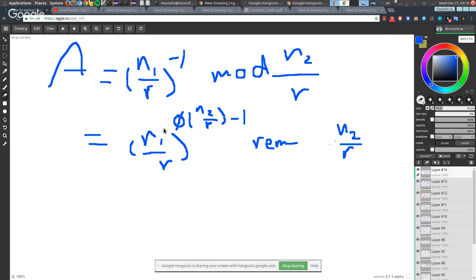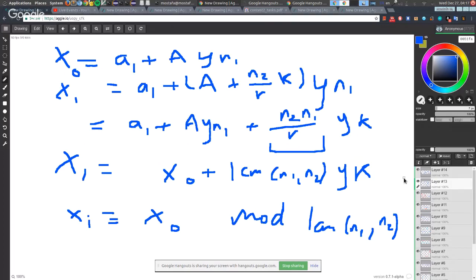So here we have this value to this power, and if we take its remainder modulo n2 over R, this is basically our A. So if we don't want to use the extended Euclidean algorithm, this is another way to compute it.